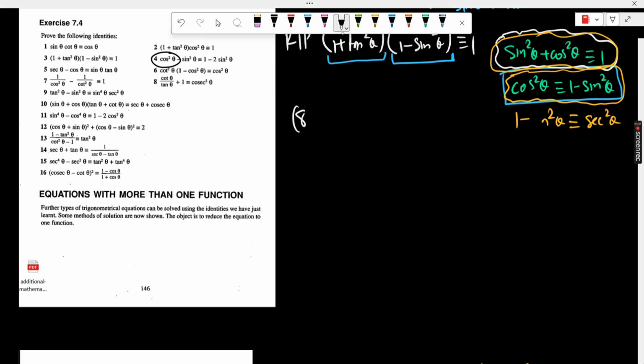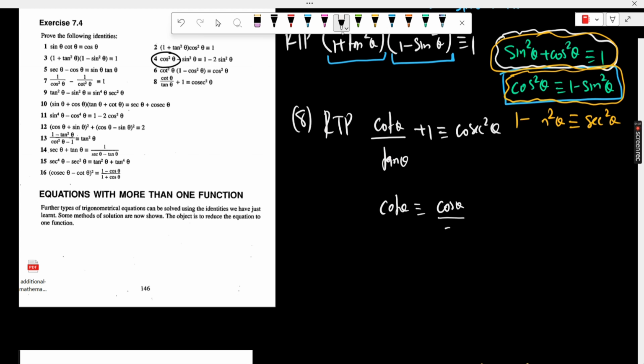So for number 8, you want to prove that cot theta over tan theta plus 1 is equivalent to cosec squared theta. So use the fact that cot theta is equivalent to cos theta over sine theta, and also that tan theta is equivalent to sine theta over cos theta.